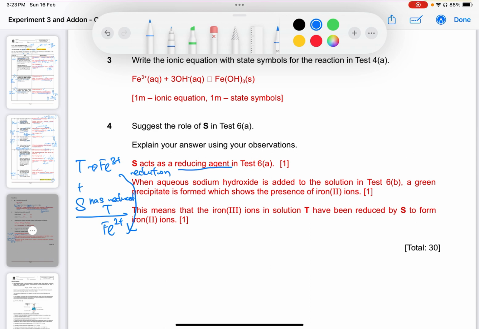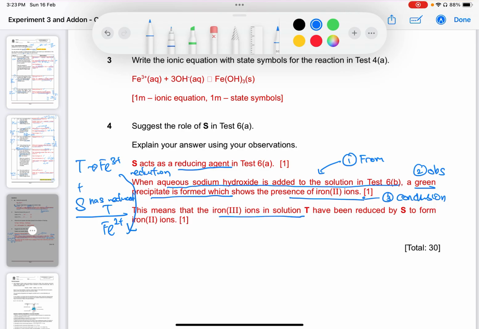First thing, you know that when aqueous sodium hydroxide is added in 6B, a green precipitate forms, which shows the presence of Fe2+. So you realize that it's the very same format. You first write down which test you get it from, what the observation is, and then what your conclusion is, right? Only when you say that Fe2+ is present can you finally say Fe3+ is reduced by S to form the Fe2+.